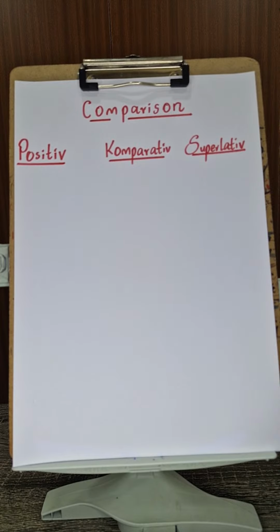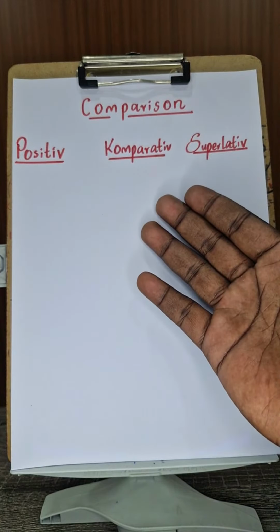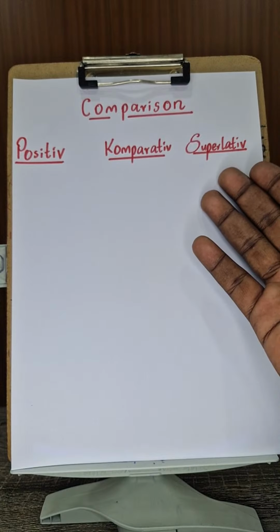And the topic is comparison. How do we compare adjectives in the positive form, the comparative form, and even the superlative form, right? We want to see what are some of the rules that one can apply when comparing these adjectives in the comparative and even the superlative, right?